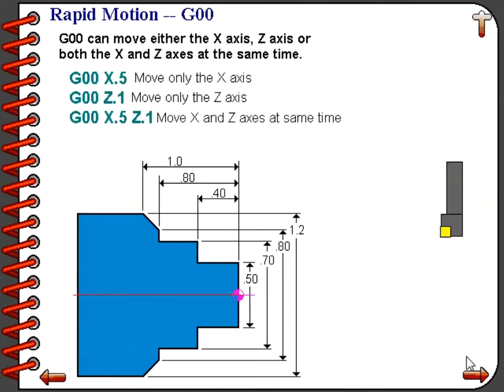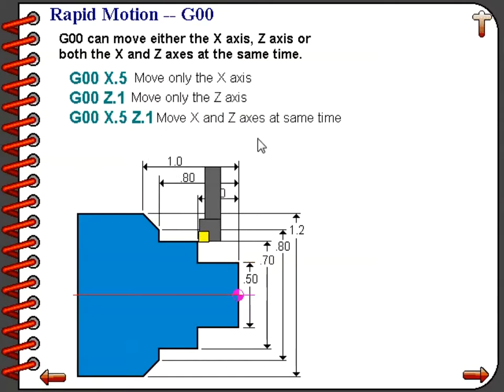You should also note that we can move either the x-axis, the z-axis, or we can combine the motion with x and z axes. Doing this via program is very simple. To move only the x-axis, we would command G00 X and some position to move to. For the z-axis, we would command G00 and Z with some position to move to.